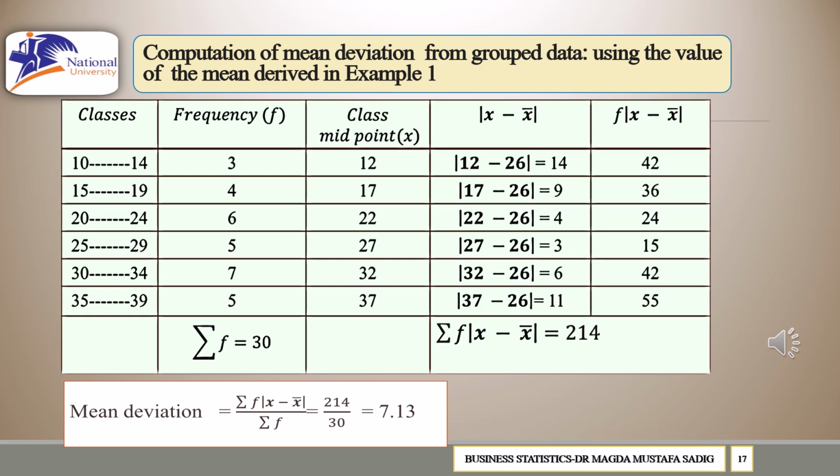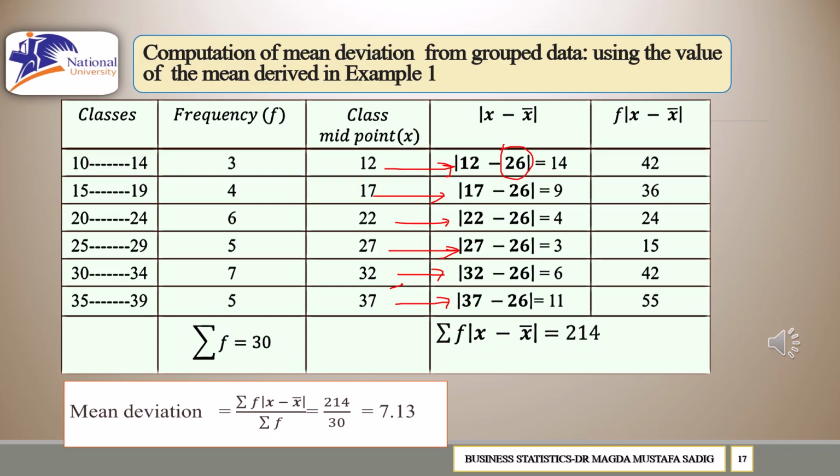So we are going to subtract each mean value from the adjacent class midpoint: 12 minus 26, 17 minus 26, 22 minus 26, 27 minus 26, 32 minus 26, and 37 minus 26. And this is our result.